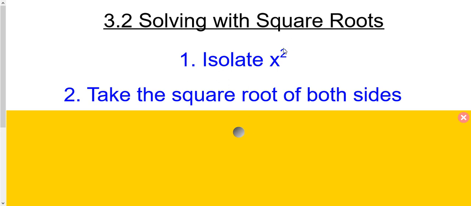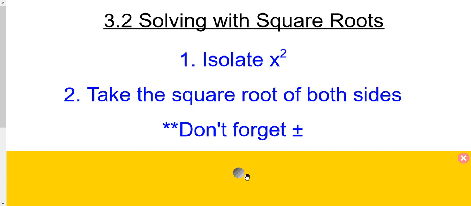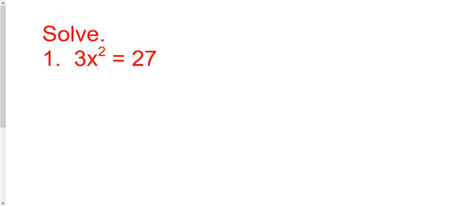That allows us to cancel out the square that's on our x so that we can solve and we have x equals something. The last little note is just don't forget plus minus. Anytime we add a square root into a problem, it wasn't originally there, we have to put that plus minus in front. Let's go ahead, let's work through a few examples together for this lesson.